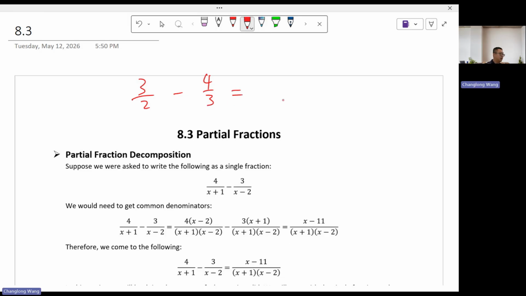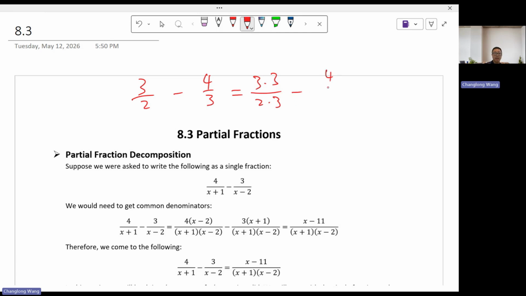Now, I think that not everyone, including myself, will seriously write down a lot of work. But at least for the sake of 8.3, I suggest you think that the reason why you're able to subtract the two fractions with different denominators is you figure that you could rewrite the first fraction by multiplying both the numerator and denominator with a 3, and that's not a random number, it's the other denominator, because 2 times 3 gets you the least common denominator.